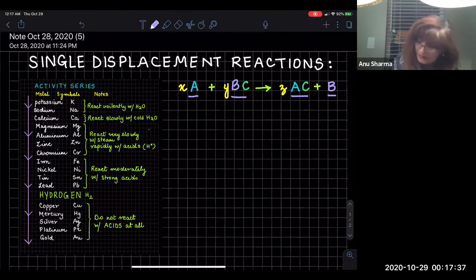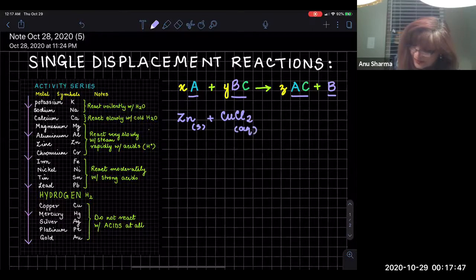So here is one example. Zinc as a solid reacts with a solution of copper chloride. If you place zinc in a solution of copper chloride, is this reaction going to work or not? Yes, it is, because if you look at the activity series on the left-hand side, zinc is placed on the top and copper is way down at the bottom.